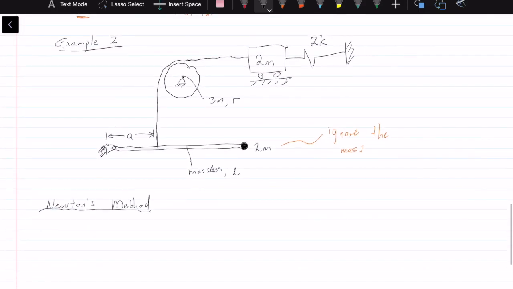The easiest way is to just start out by setting yourself some coordinate systems. This question doesn't say whether the mass is rotating upwards or downwards, but for simplicity, let me annotate straight on here. I'm going to say that that rod moves downwards. We've got an angle theta right here.